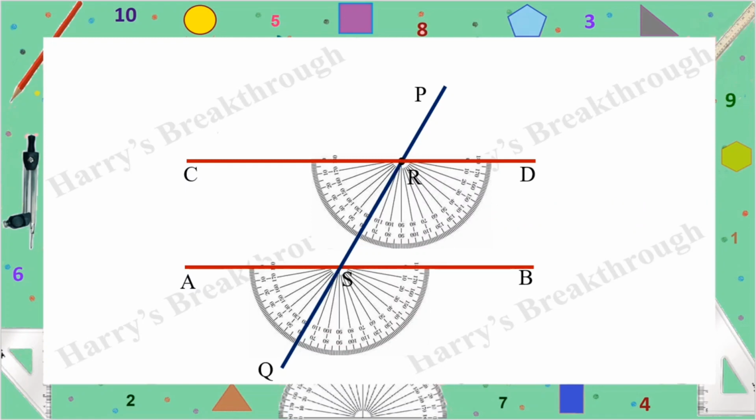Let's measure the fourth pair. So here angle CRS is equal to angle ASQ is equal to 60 degree. So that means the four pairs of corresponding angles are equal. Each pair of corresponding angles is equal.